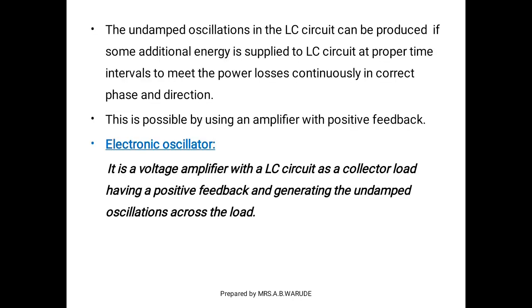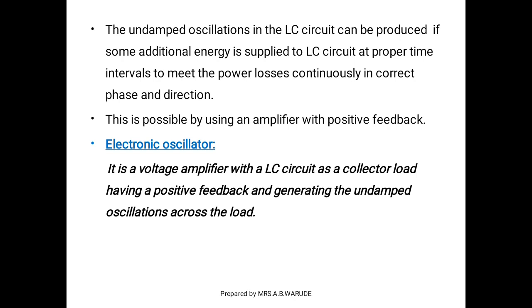As we know, for proper operation an electronic circuit needs positive feedback, and undamped oscillation in the LC circuit can be produced if some additional energy is supplied to the LC circuit at proper time intervals to meet the power losses continuously in correct phase and direction.